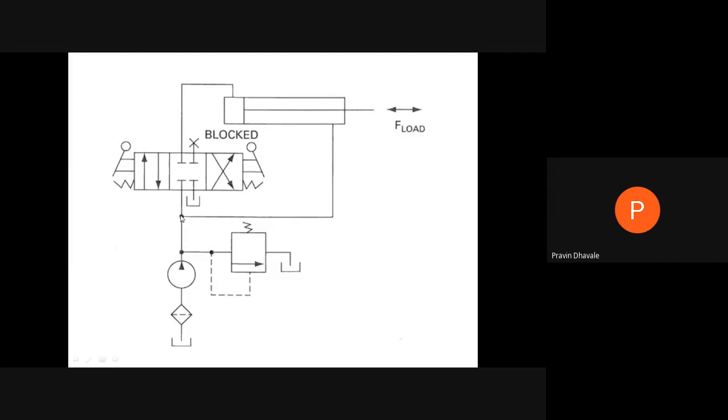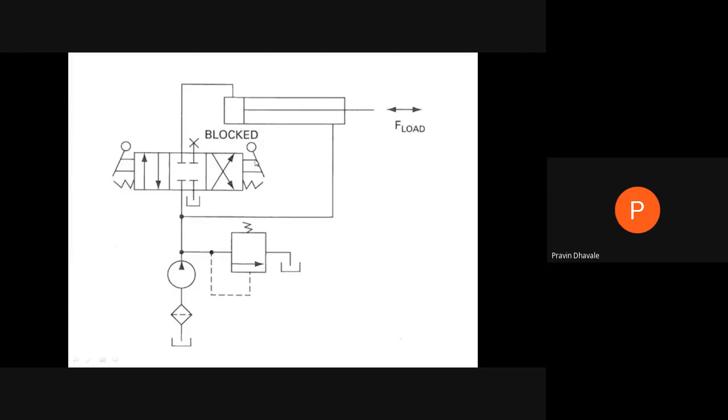So the volume of the fluid flow increases, right? Because of that, what happens? The extension speed of the piston is increased.